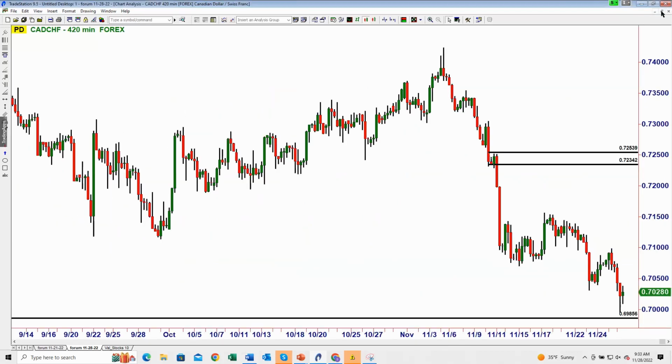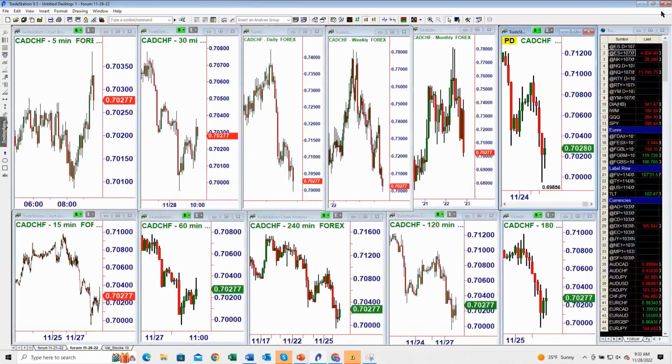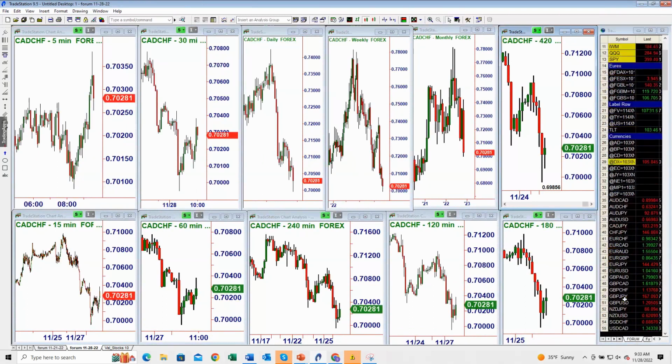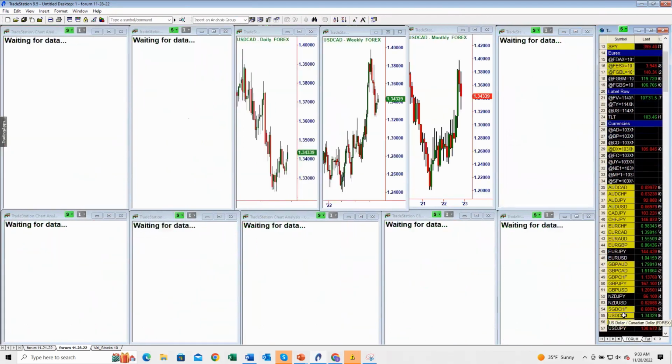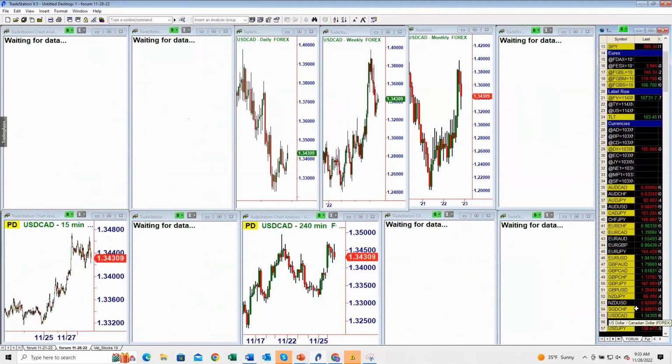So, all right, there you go. Since we're looking at the Canadian dollar, why don't we go to the Canadian against the U.S. Here we are. Couple of charts to go, or to look at here.